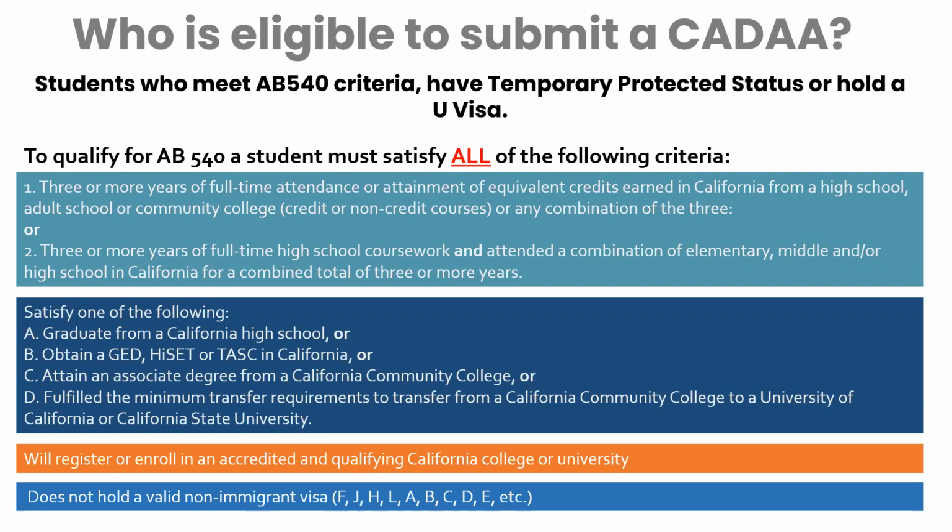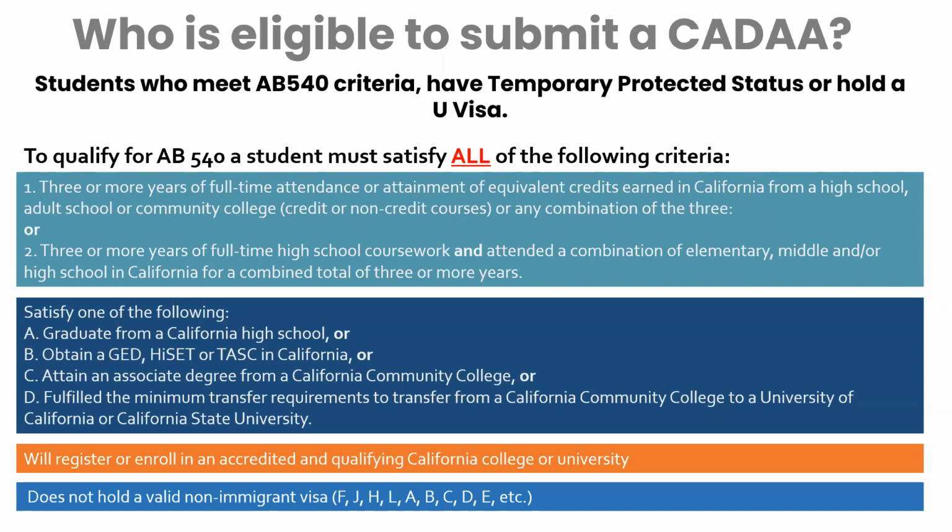And then essentially to be eligible, they have to say that they're going to be registering or enrolling in an accredited California college or university. There are other kinds of visas out there that don't qualify, like if someone has a student visa or a tourist visa, and there's a long list of those different visas listed on the application that don't qualify, just so you're aware of that as well.